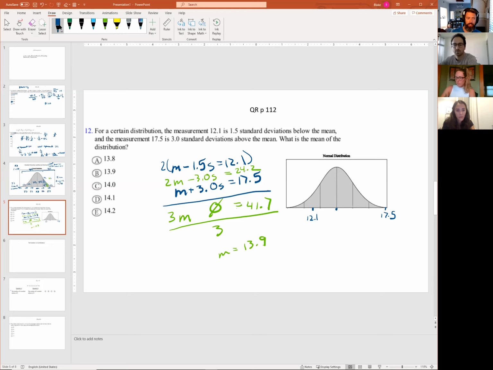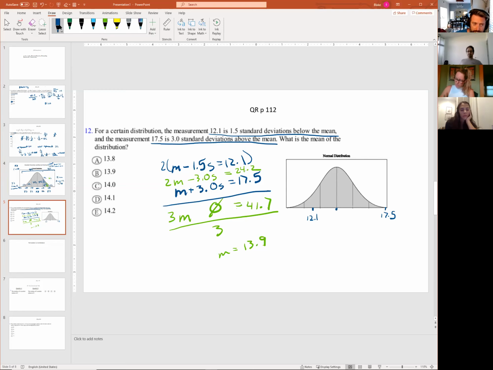They told us those things. So I'll underline this and this. So we turned those into equations, and then we realized, hey, we can cancel out the standard deviations if we double the first equation, and then we can add them. And so we did that, canceled it out, solved for m, 13.9.